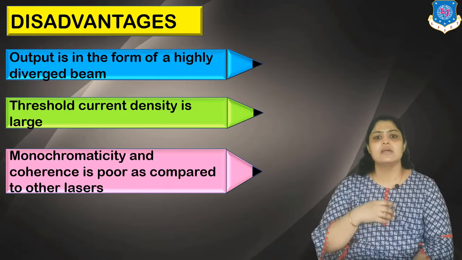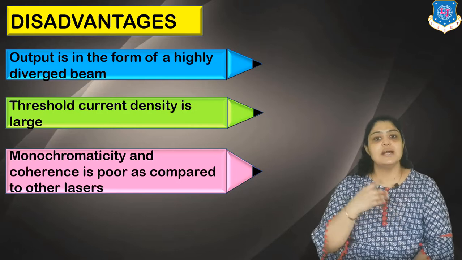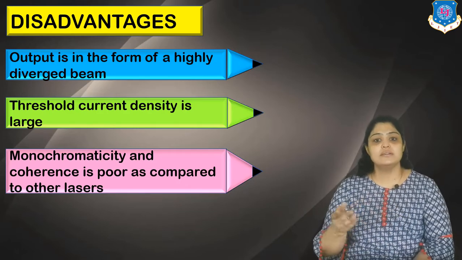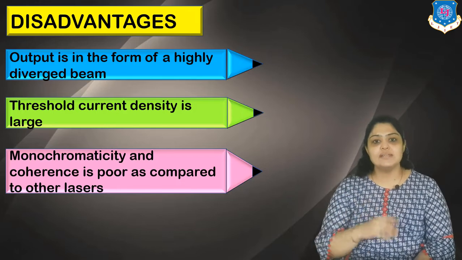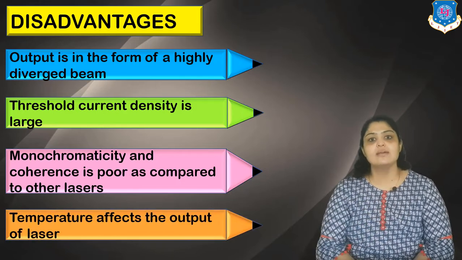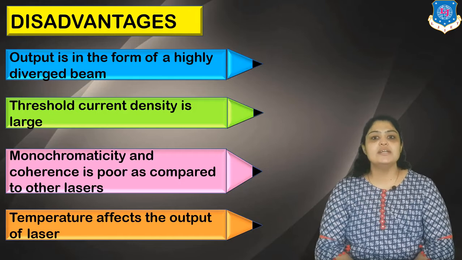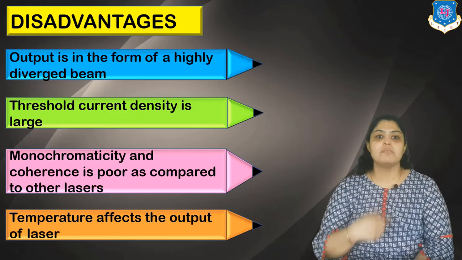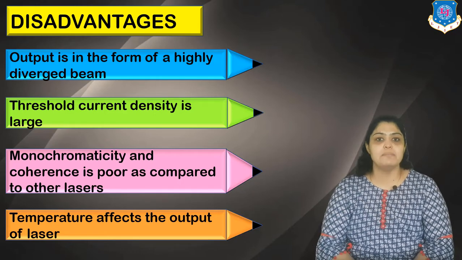Other lasers, like the common lasers used in industries, are carbon dioxide laser, Nd:YAG laser, helium neon laser. So compared to these types of lasers, it is less monochromatic. And the temperature definitely affects the output. Why? Because it uses semiconducting material, which is temperature dependent.